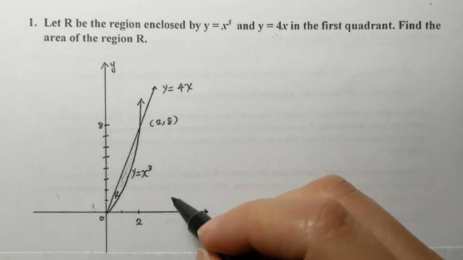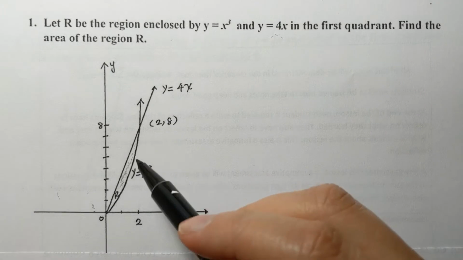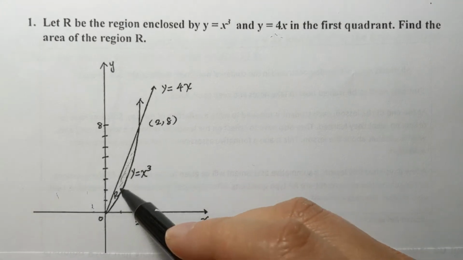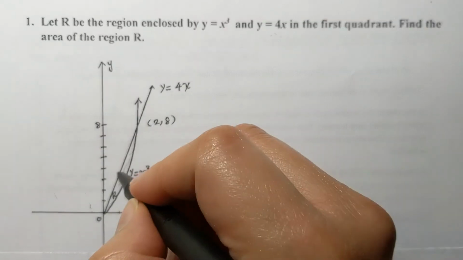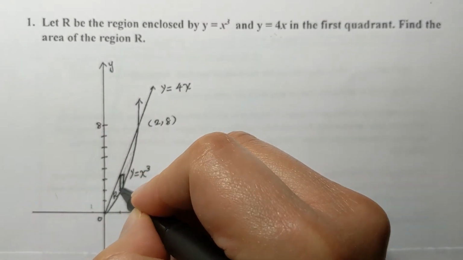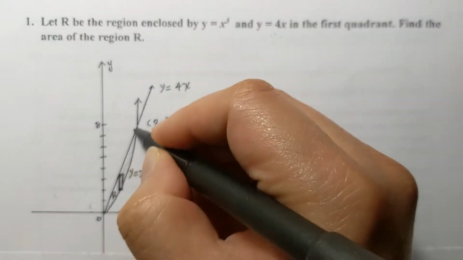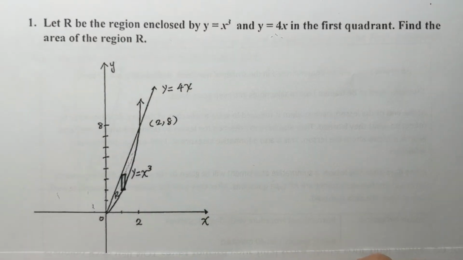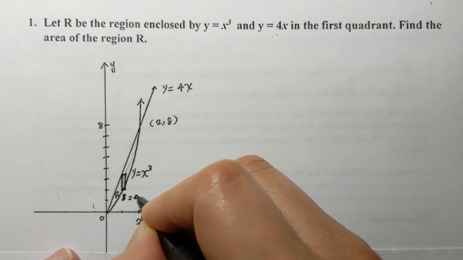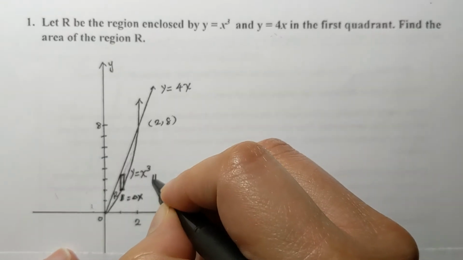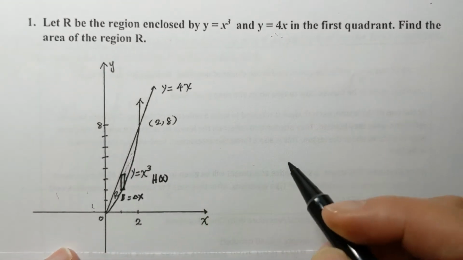For this question, if you want to find the area enclosed by these two curves, what we learned before is you're going to draw an infinite number of rectangles, where the base is delta x and the height is a function of x.